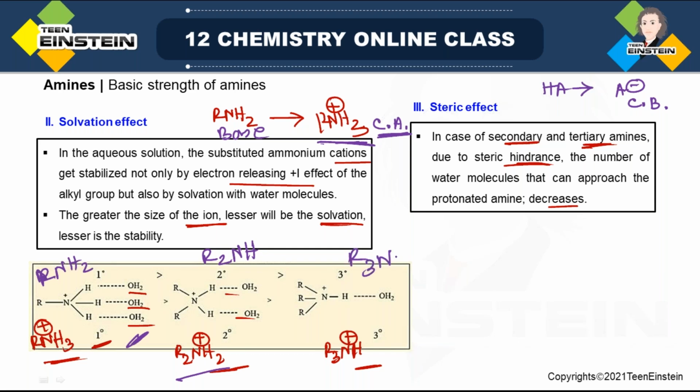So if you consider only solvation effect, then 1 degree is maximum basic, then 2 degree, then 3 degree. And if you consider only steric effect, then approach of water molecule is very difficult in the bulkier ones. But approach of water molecule to protonated 1 degree amine is easy. So from steric effect also the order is 1 degree, 2 degree, 3 degree.